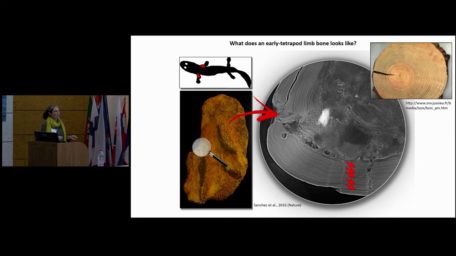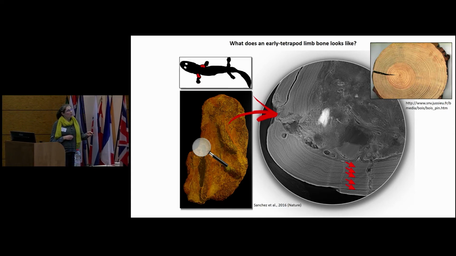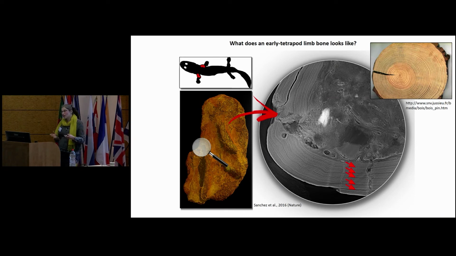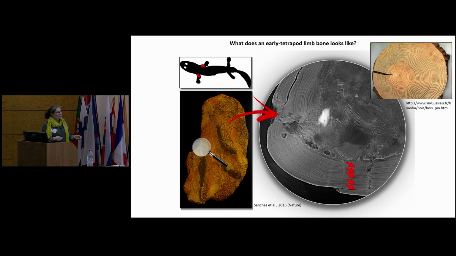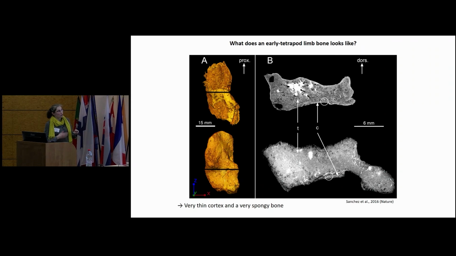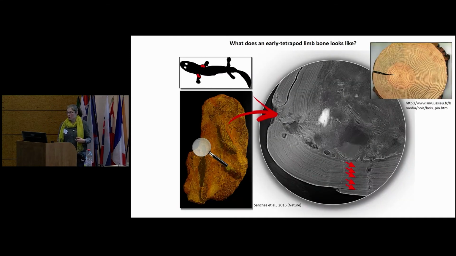So we found 6 rings, and they have exactly the same meaning as rings in trees. And for that reason, we were able to say that this animal was at least 6 years old, but because we were able to see some remnants of the cartilage at the surface of the bone, we knew that before it was able to deposit the bone, it had to produce this very big cartilaginous root. So we suspect it was probably more a 10-year-old animal.